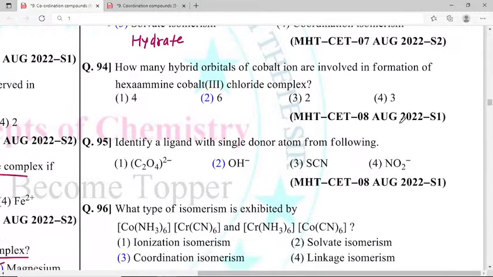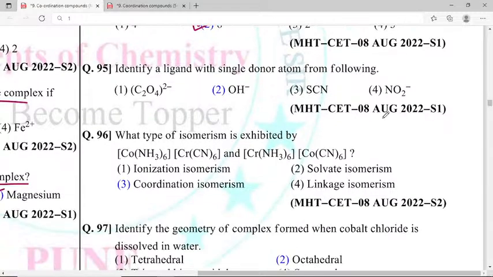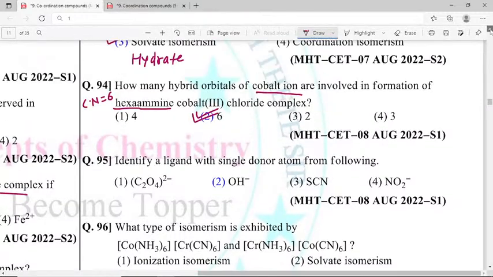How many hybrid orbitals of the cobalt ion are involved in the formation of the hexaammine complex? Hexaammine means coordination number 6, so there are 6 hybrid orbitals. The coordination number is equal to the number of hybrid orbitals.